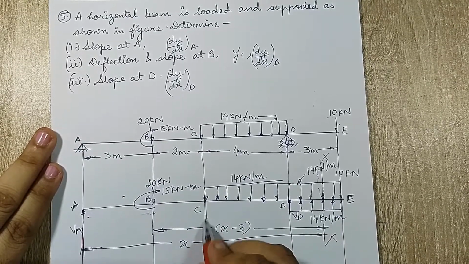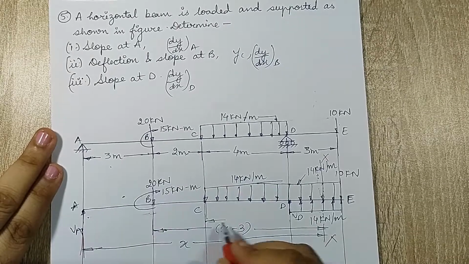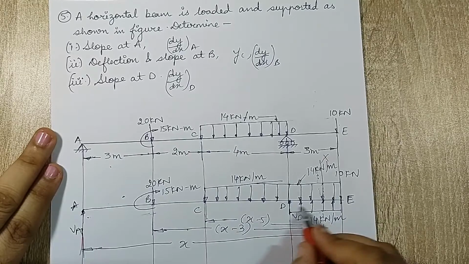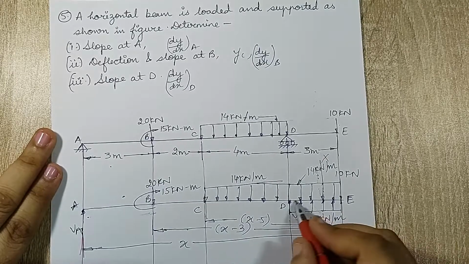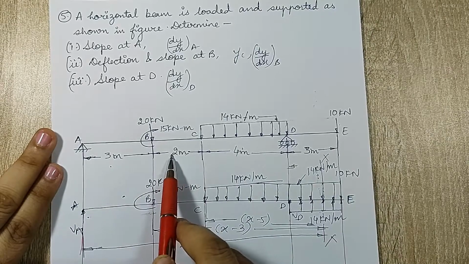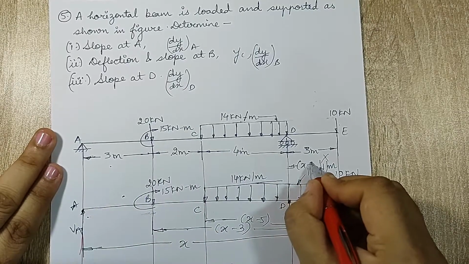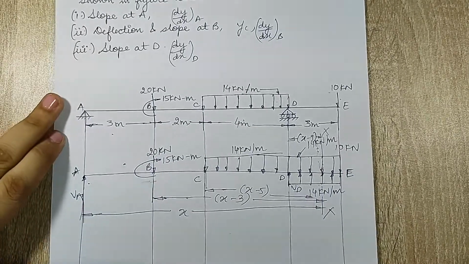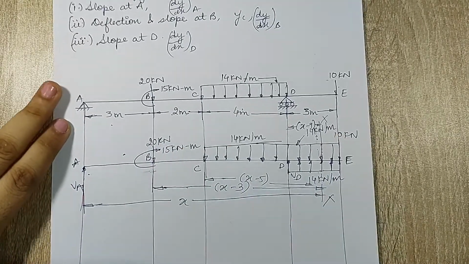Now the distance of point C will be 3 plus 2, 5, so X minus 5. And last is the distance from D to the section, so this distance will be 4 plus 3, 7, plus 2, 9, so X minus 9 is this distance. So this is how the section diagram is supposed to be drawn.